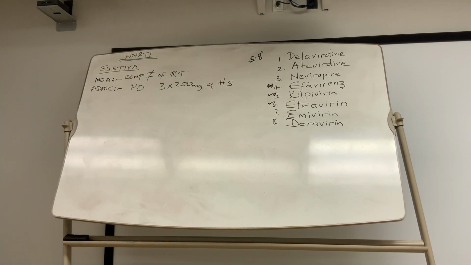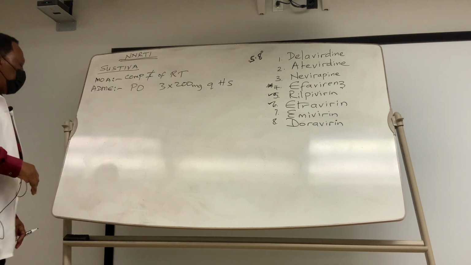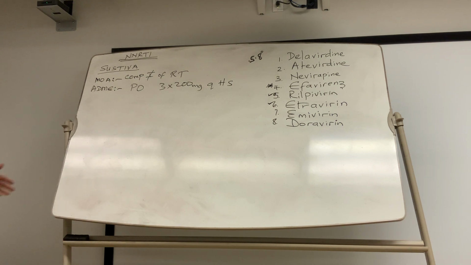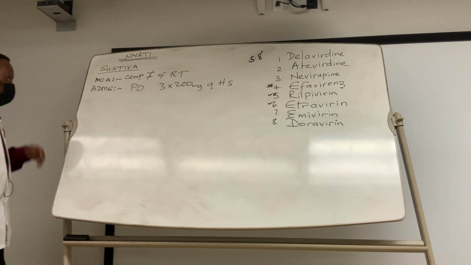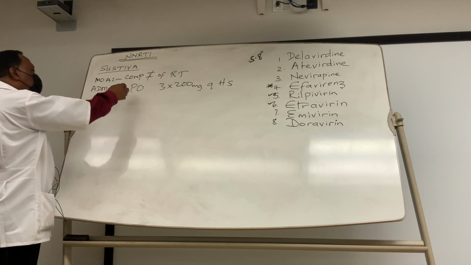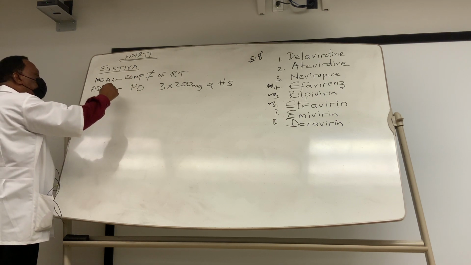You give it QHS because of the CNS adverse effects, because it can depress the CNS. Yeah, and so you just want the patient to sleep it through. So that's the usual dosage and the route of administration.